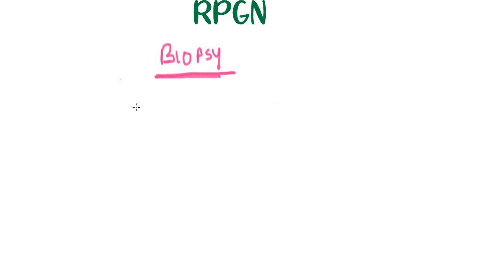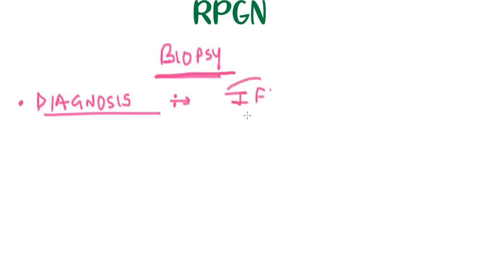Now after this we will start to make the diagnosis. This is the second part of our video, that is how to diagnose RPGN, or the causes of RPGN. To make the diagnosis, the most important thing is to do immunofluorescence. Depending upon the findings in the immunofluorescence, we can have different causes of RPGN.